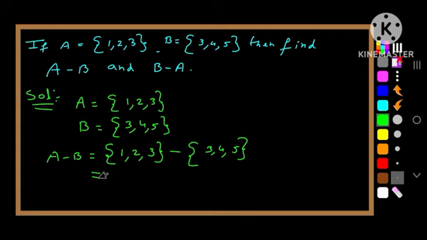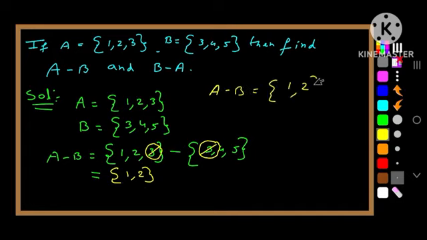So A minus B is equal to, see here the elements of A and B are there. Simply eliminate the element 3 which is common, and you write the answer as 1 comma 2. So the answer of A minus B is 1 comma 2.